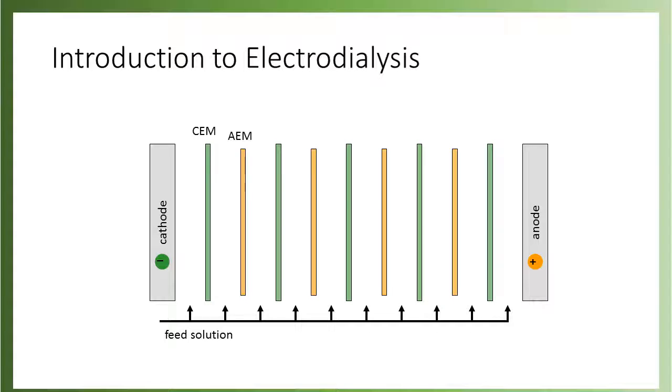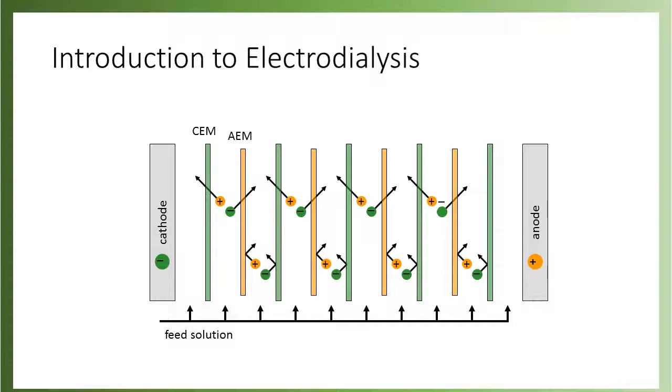Then we feed the solution. In the solution, the cation can pass through the cation exchange membrane, but it cannot go through the anion exchange membrane, and anions vice versa.